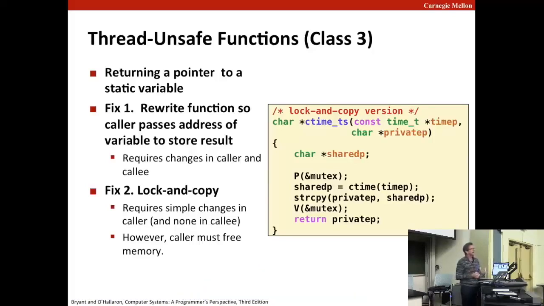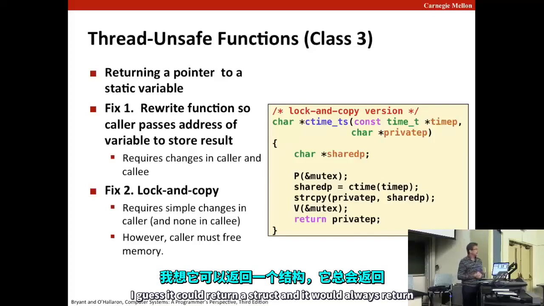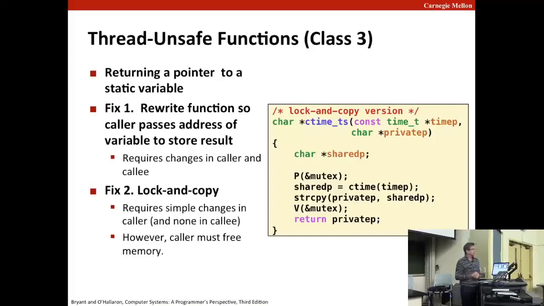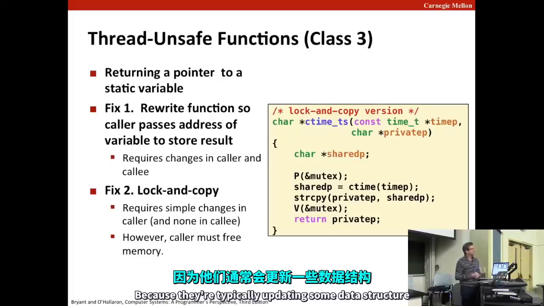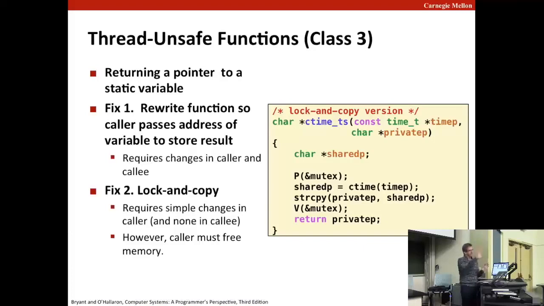I guess it could return a struct. No. Okay, so these kinds of things would never return an integer, or I can't think of any reason why they would return anything but a pointer, because they're typically updating some data structure and then returning a pointer to it. If they did, then in that case it could possibly cause an issue.